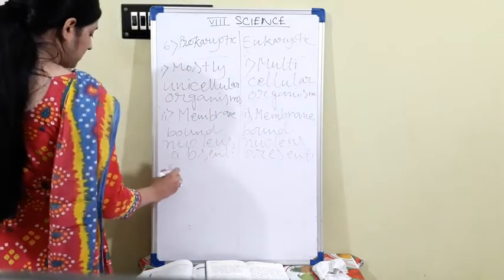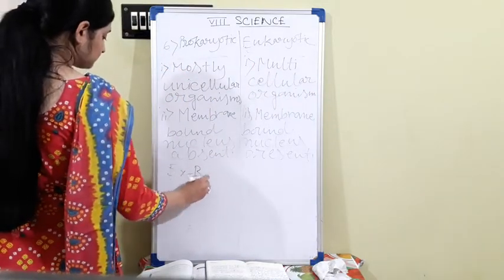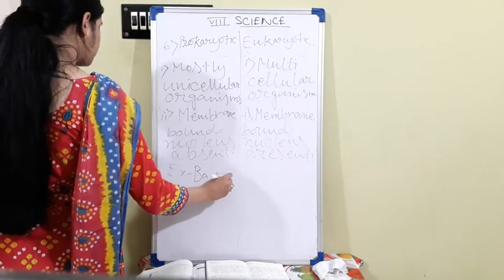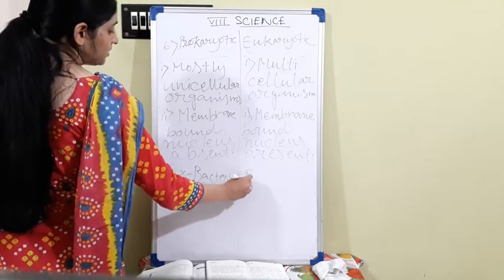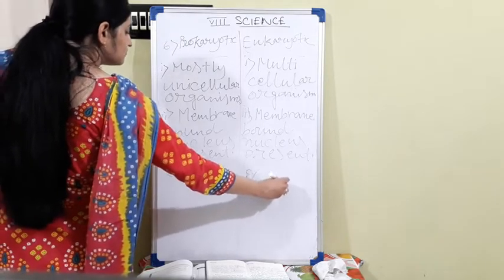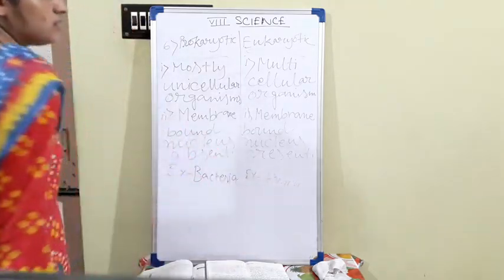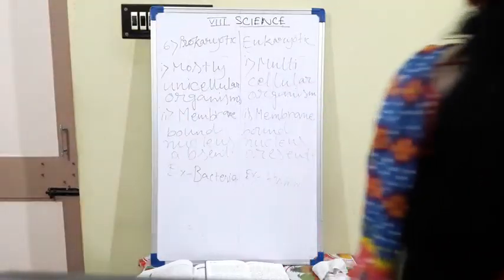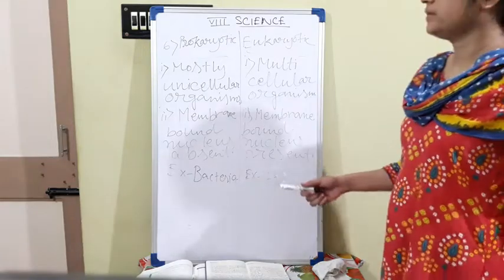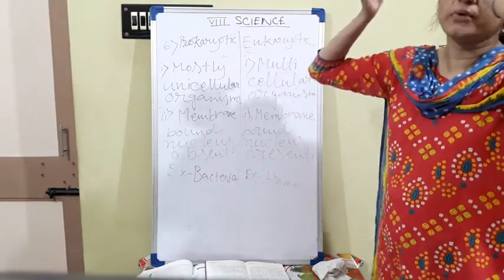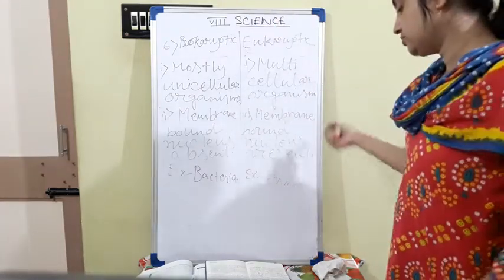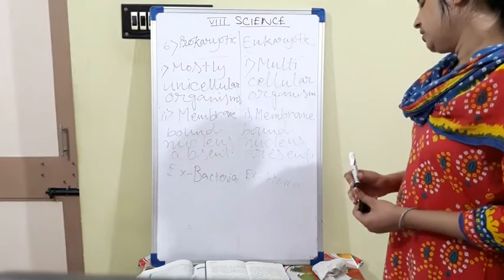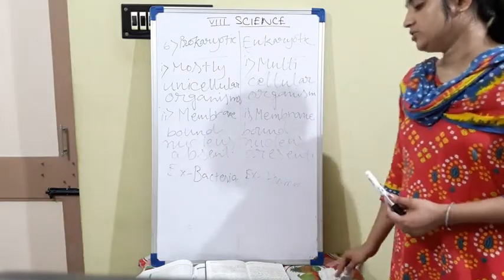Example, you can give bacteria for prokaryotes. Example, human for eukaryotes. Okay, the cell which does not contain a membrane bound nucleus, only the primitive type of nucleus, is called a prokaryotic cell, and the cells which contain a well organized nucleus are called eukaryotic cells.